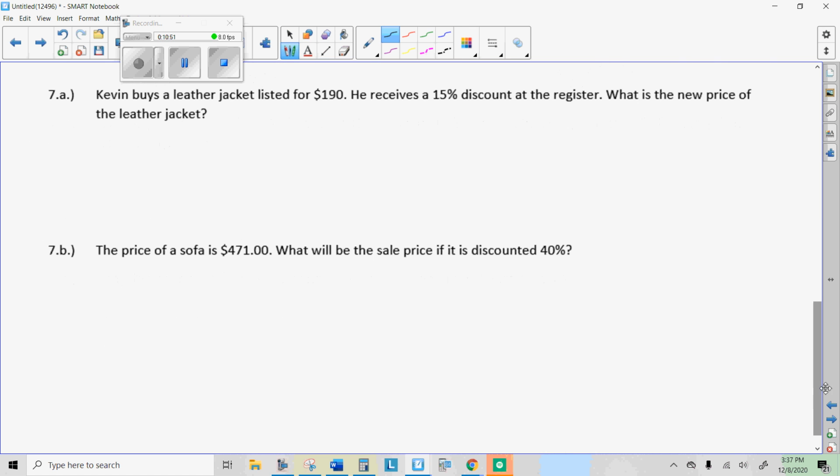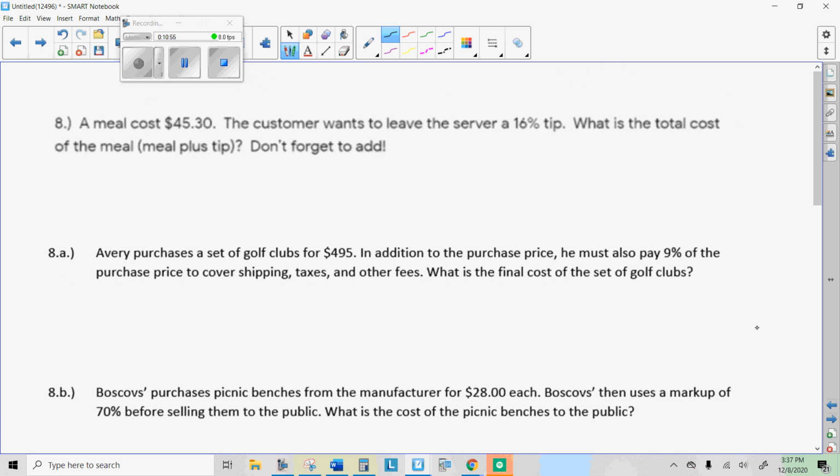All right. I'm going to do one now where you have to increase by a percent. The meal costs $48.50. The customer wants to leave a 16% tip. How much will the total cost be? Well, the total cost will be the 100% of the meal plus the 16% of the tip.